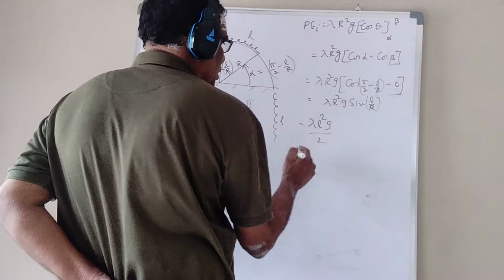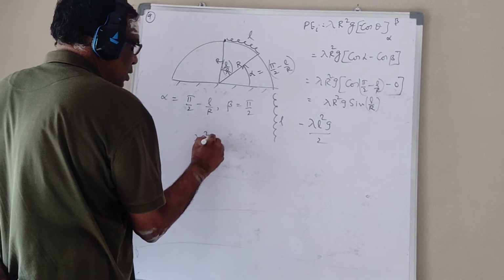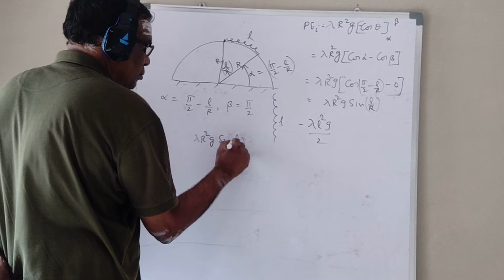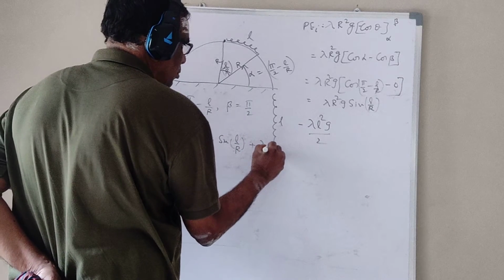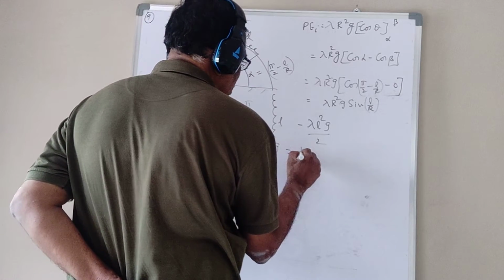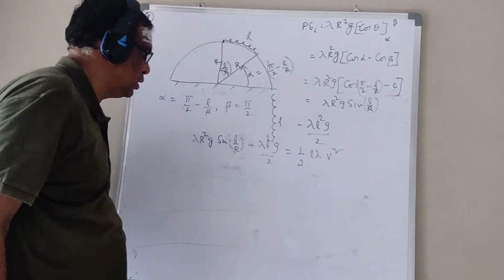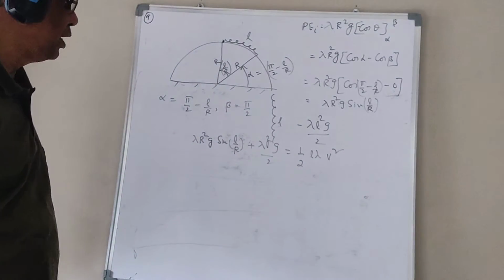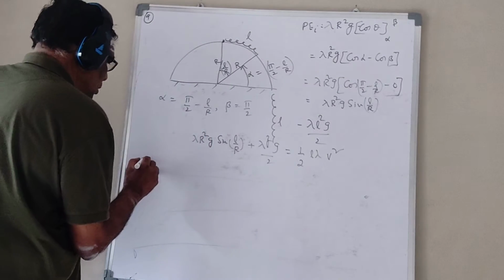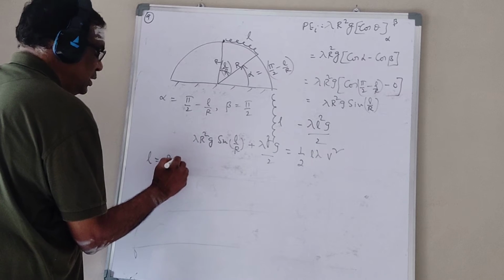So, this plus this is equal to lambda r square g plus lambda L square g by 2, is half L lambda v square. Likewise, how do you write L is equal to R theta?